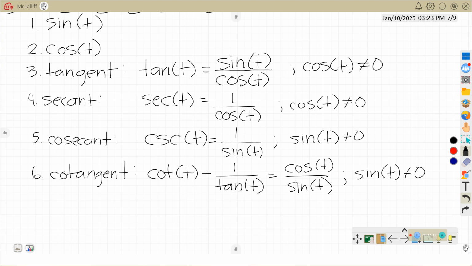So all we're going to do for the rest of class is practice using those definitions to help us find the trig function values from a point on the unit circle. Yeah, that's it. That's all we're doing today.